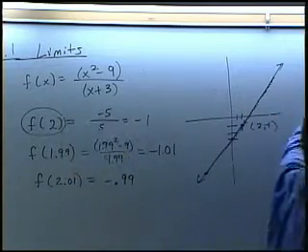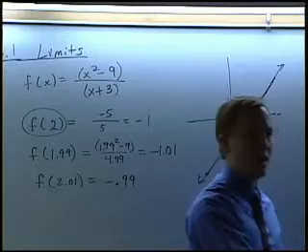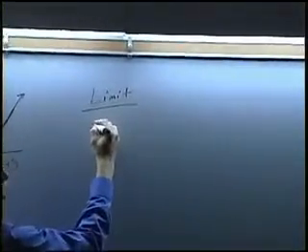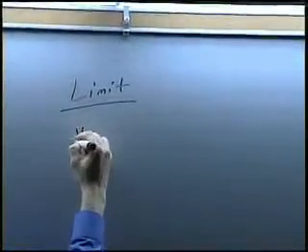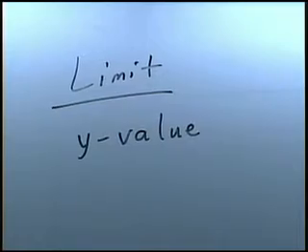I'm going to put this up here on the board because this is a common thing. Students make this harder than it needs to be sometimes. A limit is basically just a y value that the graph is approaching.